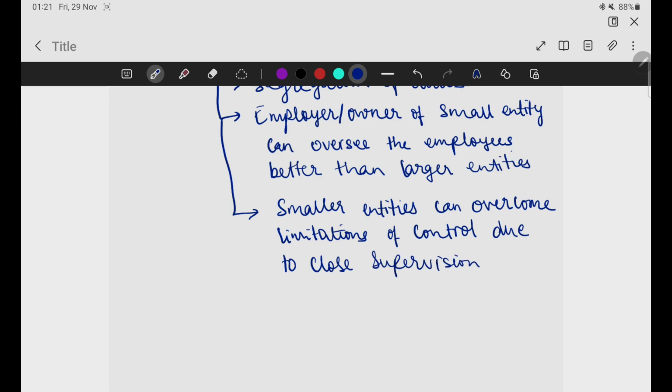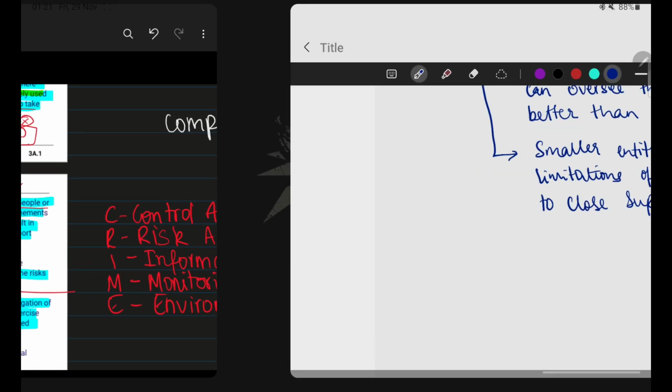Now we'll go see what was given in the material and try to make our answer as close as possible.